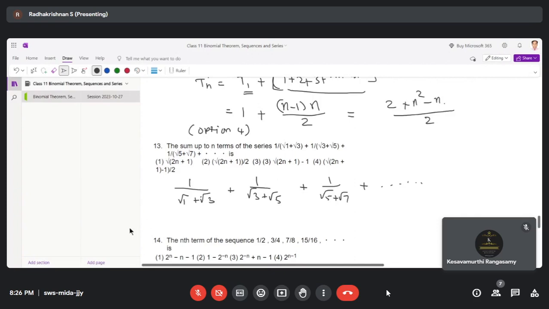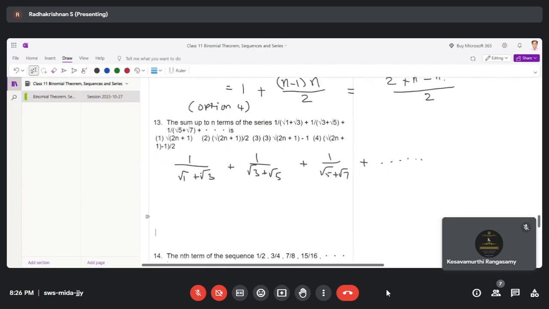So in this case, what we can do is rationalize the denominator. So we can say that Tn, right, this is a pattern like 1, 3, 5 and all, or 2n minus 1 and 2n plus 1.